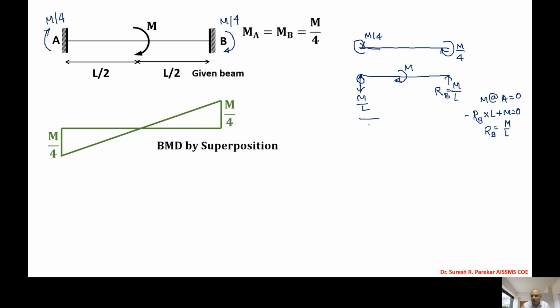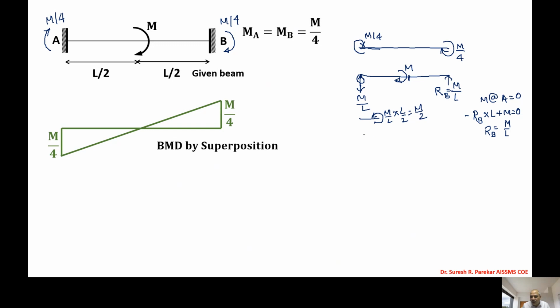Now if we plot BMD, this is due to simple support, so we will get M by L into L by 2, and this will be M by 2, but it will go down. Now if we plot just right of M at this point, then what will we get?